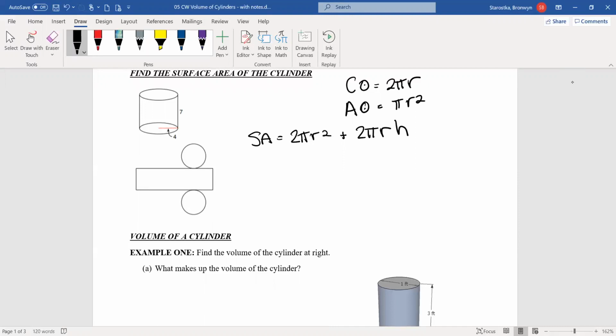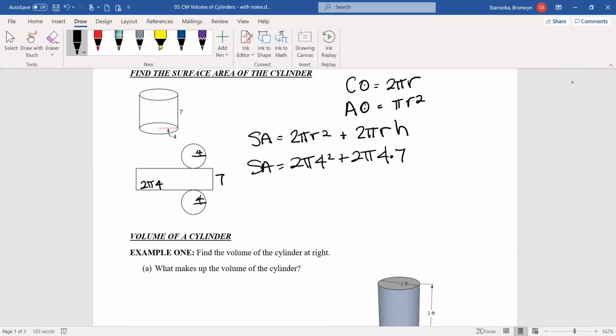And if I were to label this net over here, the height is 7, and the bottom, the length, is 2 pi r, or 2 pi 4. Radius is 4. So here we go, we just plug in surface area, 2 pi 4 squared, plus 2 pi 4 times 7.